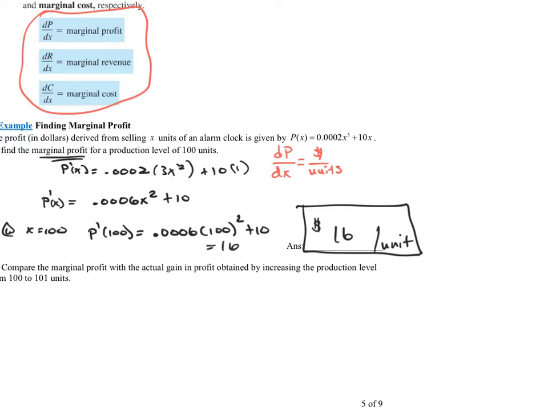In other words, you should make $16 profit, because it's positive, it is a profit, not a loss, for the sale of the 101st unit.